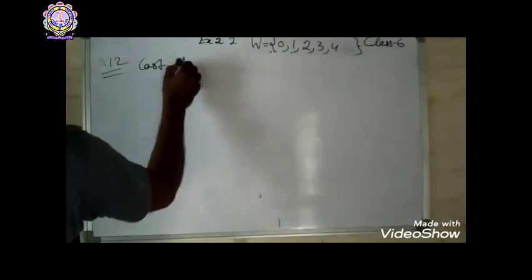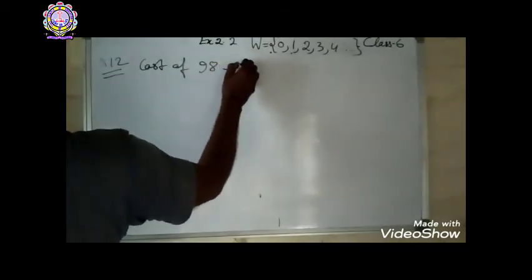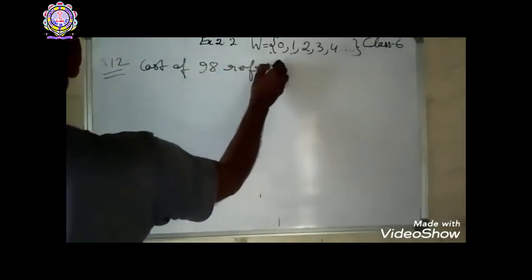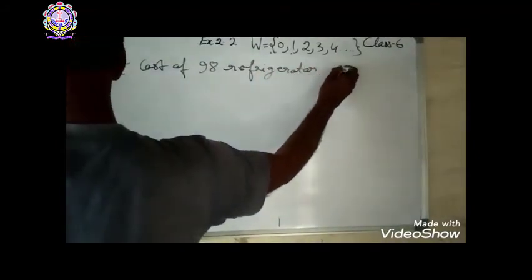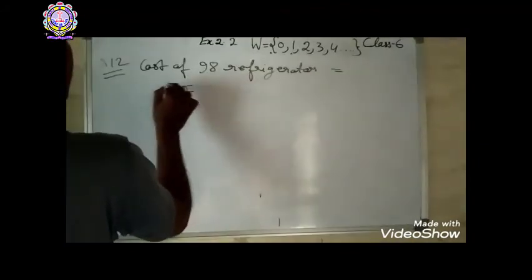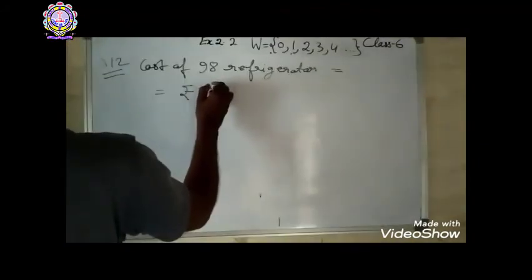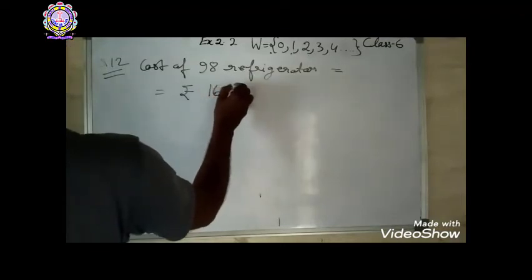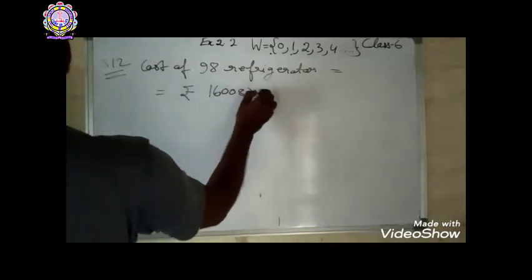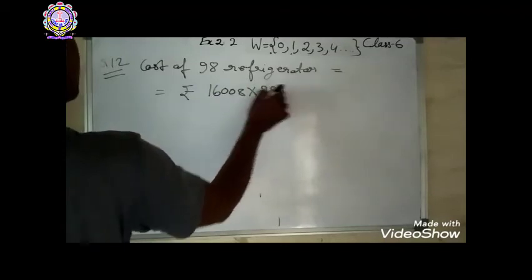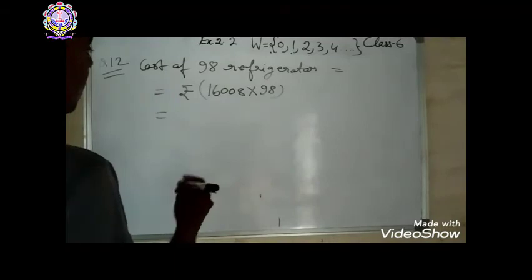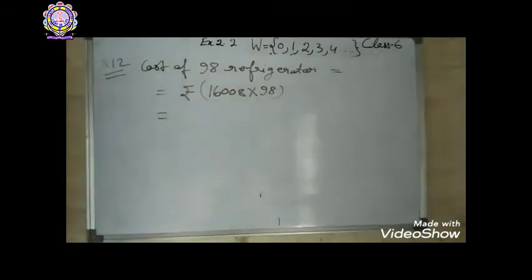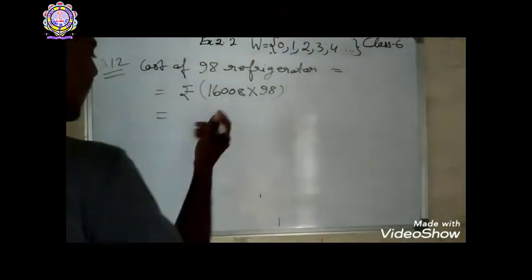Cost of 98 refrigerators is equal to rupees 16,008 multiplied by 98. So we use the distributive property of multiplication over addition.